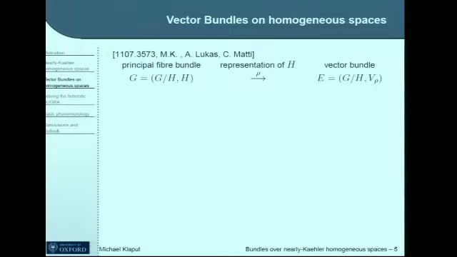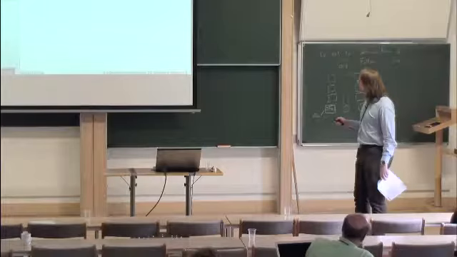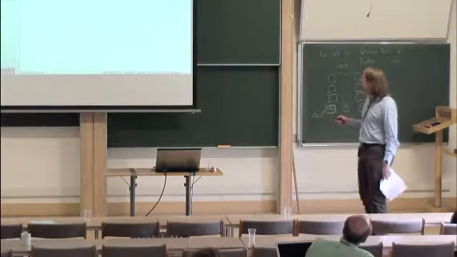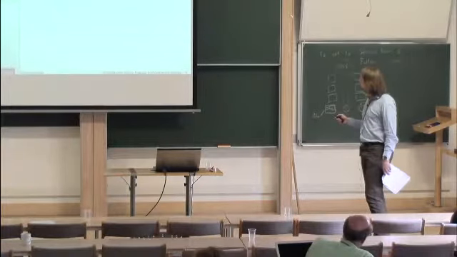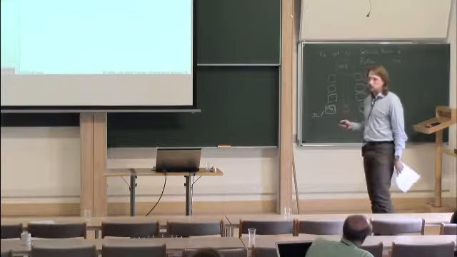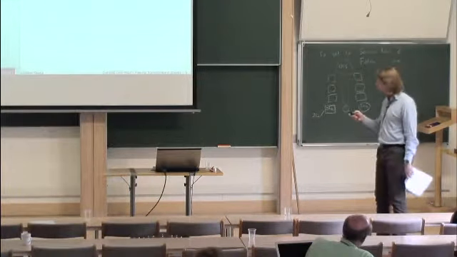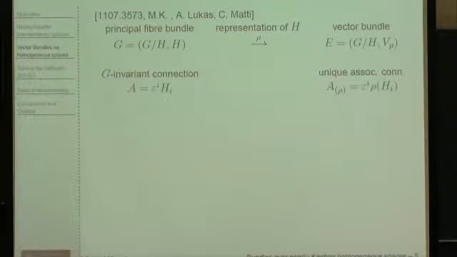Every representation of the structure group of the principal fiber bundle will uniquely define an associated vector bundle. And much better, if you know a connection on this principal fiber bundle, then you will automatically know a connection on this associated vector bundle.